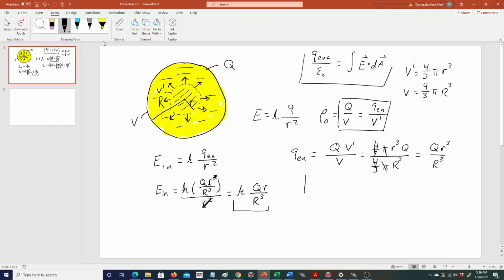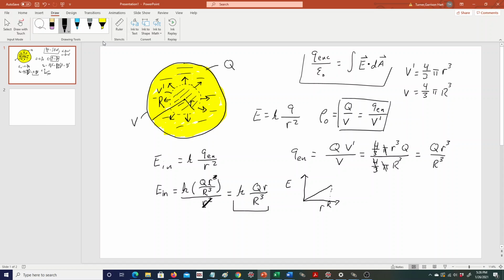And this is a linear relationship. If I plot field versus r, then this is a linear relationship until I get to the surface of the sphere. Okay?